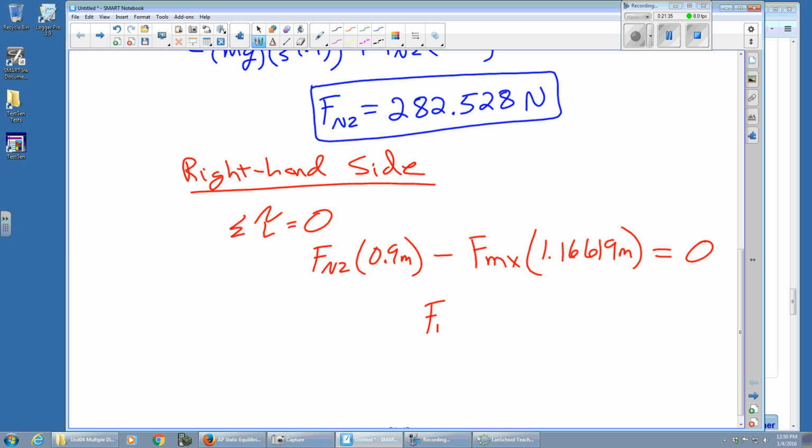So my Fmx should be, let's see, 282.5. I got 218, which makes sense because it's a longer lever arm producing the same amount of torque, so it should be a smaller force.